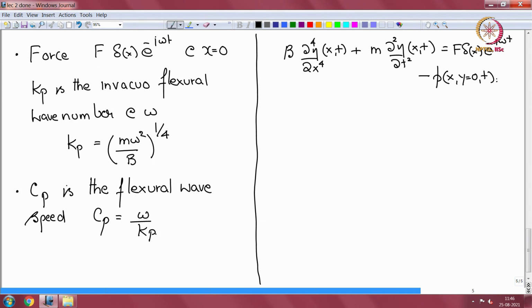This is how the coupling happens. The pressure generated is applied back.